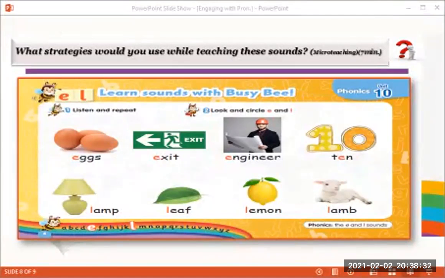We can write the words and cards in different places on the board, and ask pupils to stick the card under each picture, and say them. We can play it as a game, and we can divide the class into groups. I think it's very funny for all of the pupils.